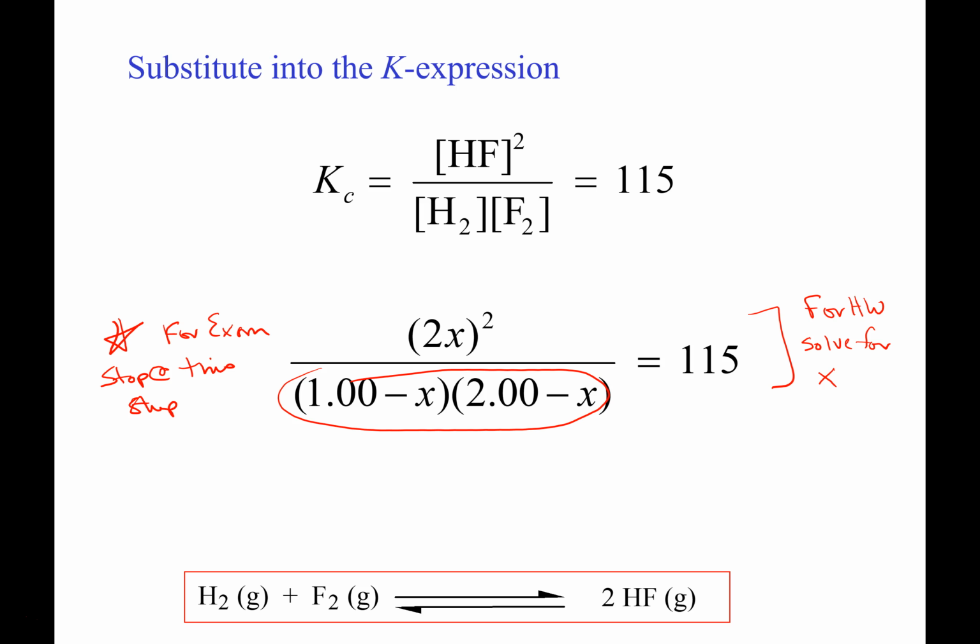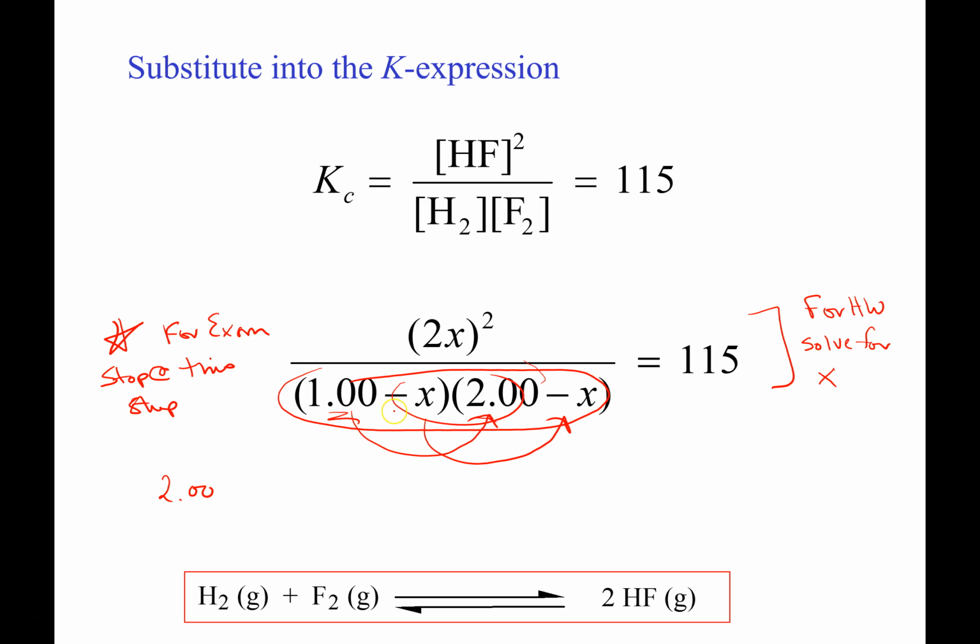So I take this times this, and this times this, and then add it together. If I take the 1.00 times the 2.00, I get, of course, 2.00.